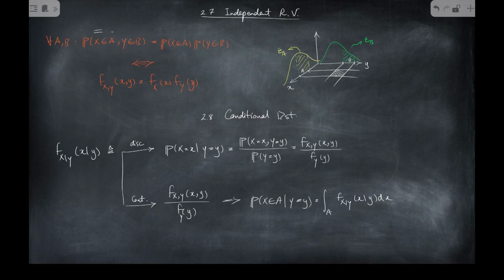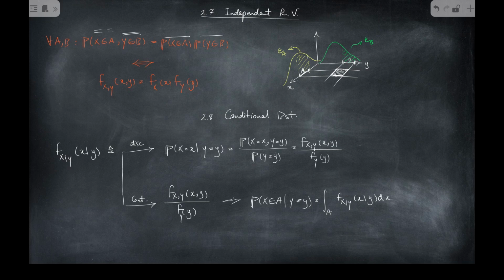So random variable x belongs to some set in R. So for example, here is set A. So it's just an interval in R. And y belongs to another set B. And if the probability of the joint event, so the probability of x being in A and y being in B, so basically the probability of this rectangle, can be factorized as the probability of each one of them, then we say that x and y are 2 independent random variables.